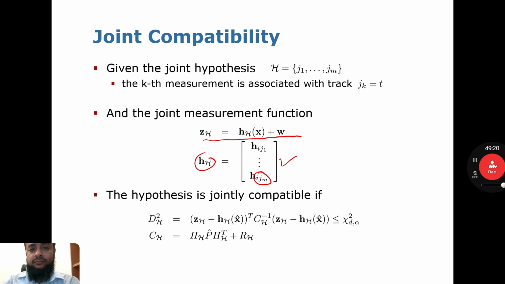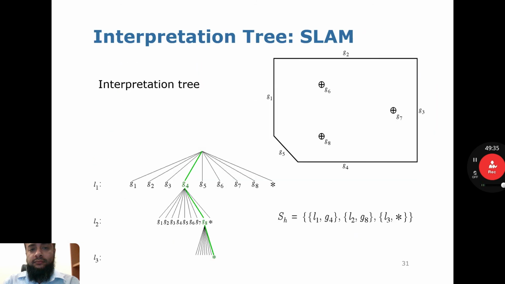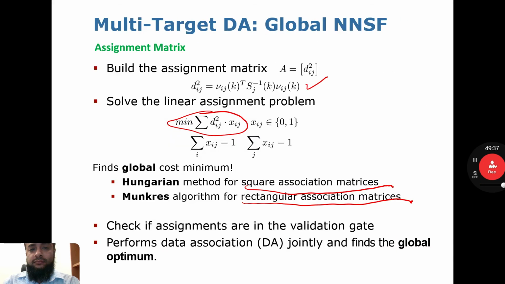The hypothesis is jointly compatible if, and also don't be confused with this equation. This equation is the same as we have discussed in the previous slide, like this one.